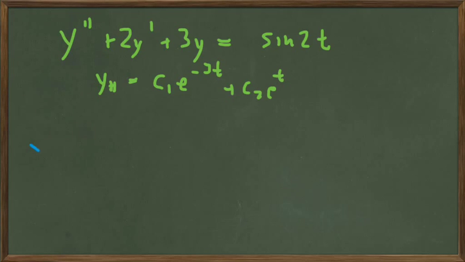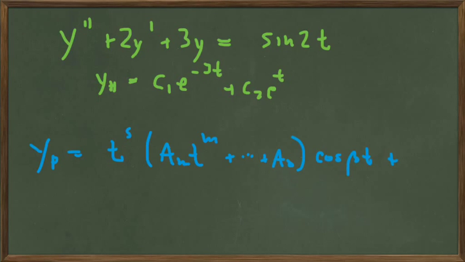In case A, it would be a t to the s and a m t to the m plus dot dot dot plus a0, and then that would be times cosine beta t plus, same thing, t to the s b m t to the m plus dot dot dot plus b0 times sine beta t.